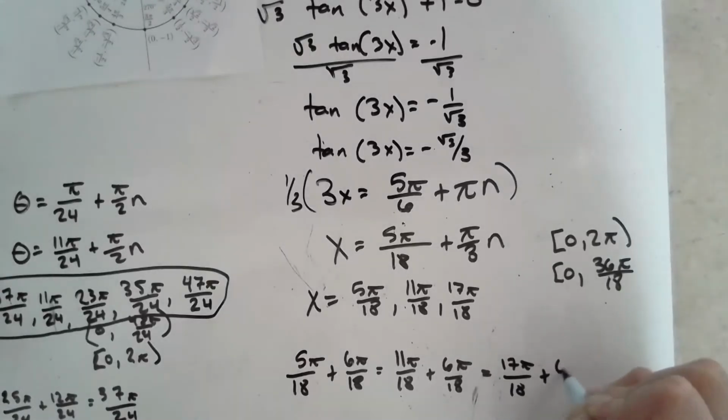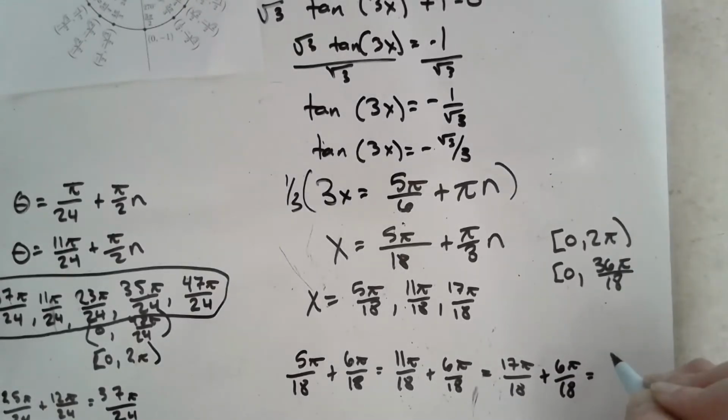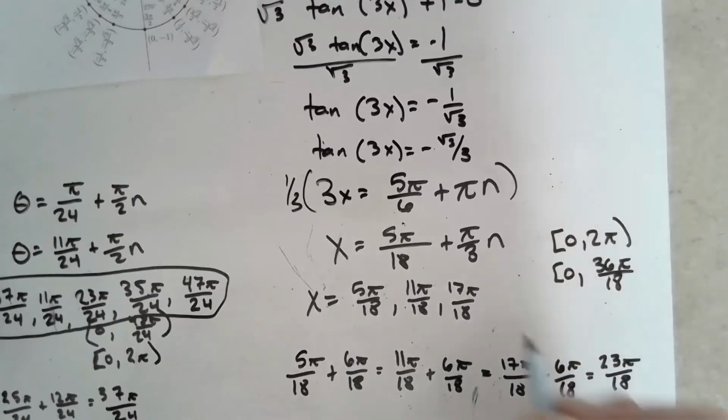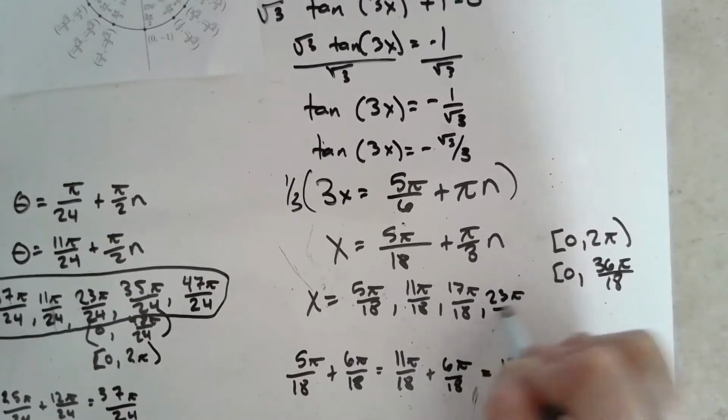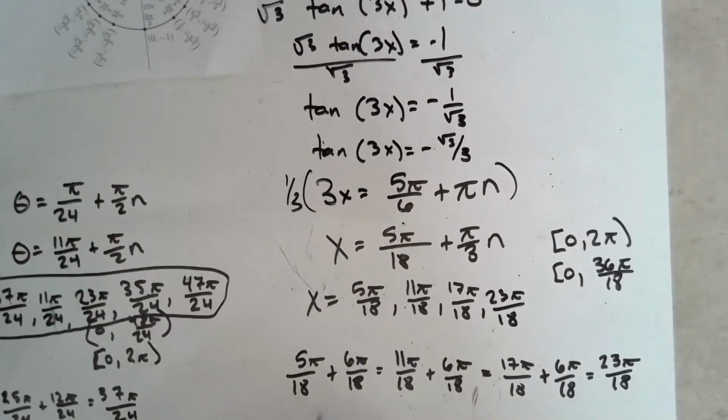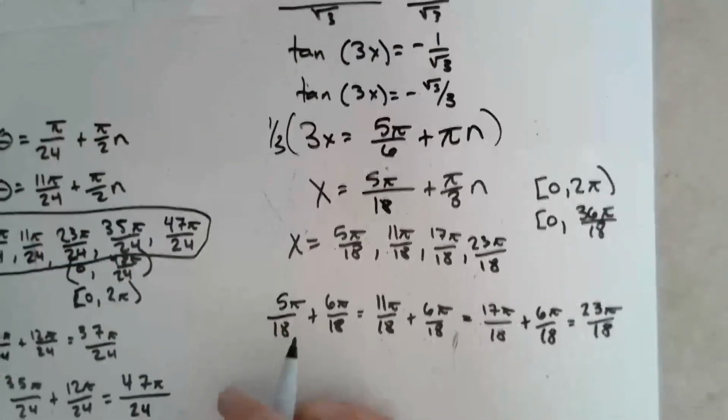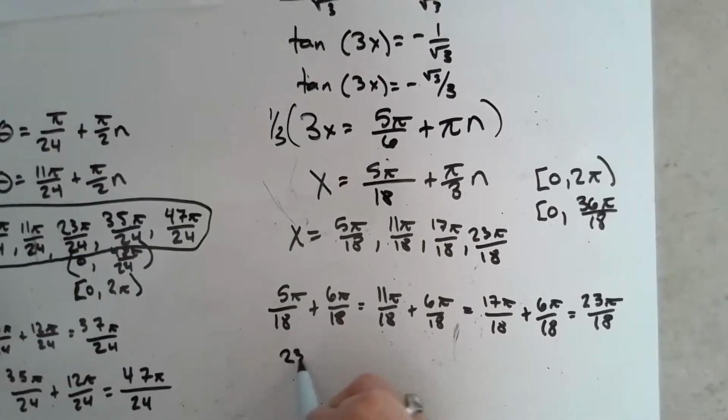So plus 6 pi 18ths. So that's going to give me 23 pi 18ths. I'm going to take 23 pi 18ths, add 6 pi 18ths.